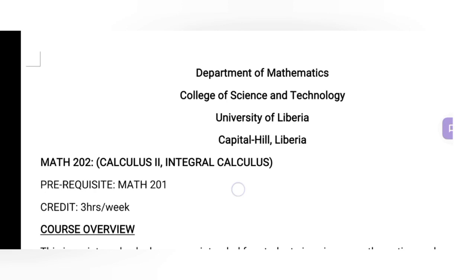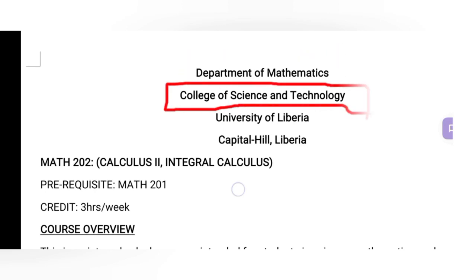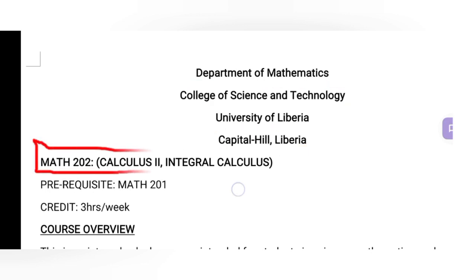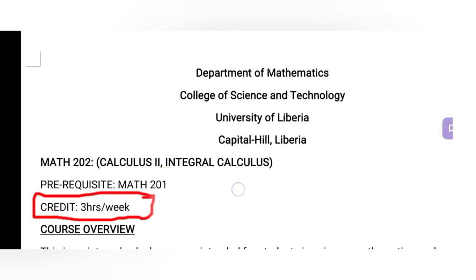So let's quickly begin. Department of Mathematics, College of Science and Technology, University of Liberia, Capitol Hill Campus, Liberia. Math 202 (Calculus 2), and the title for this course is Integral Calculus. The prerequisite for this course is Math 201, which is Calculus 1, and this is a full credit hour course.